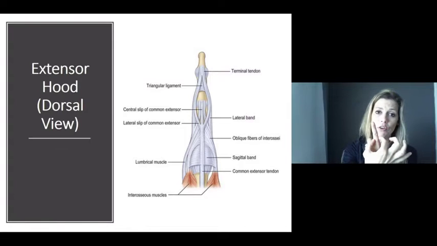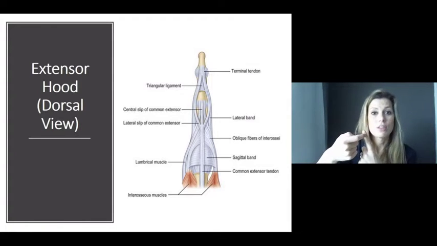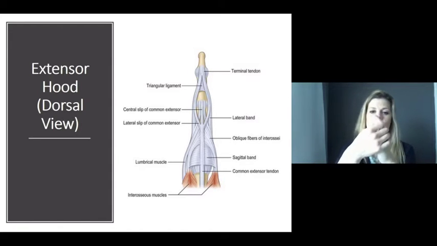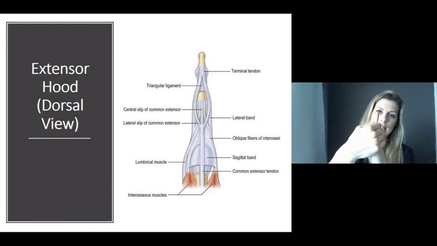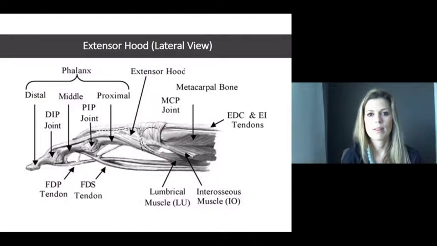They are called lateral bands. And then those lateral bands, once they cross the PIP joint, merge together to create a terminal tendon that crosses the DIP joint and inserts onto the distal phalanx, or P3. So remember that the terminal tendon is responsible for extending at the DIP joint.